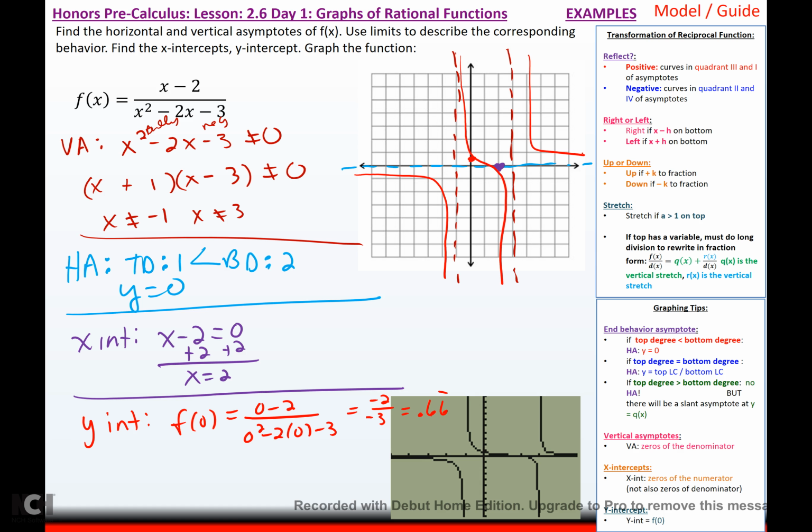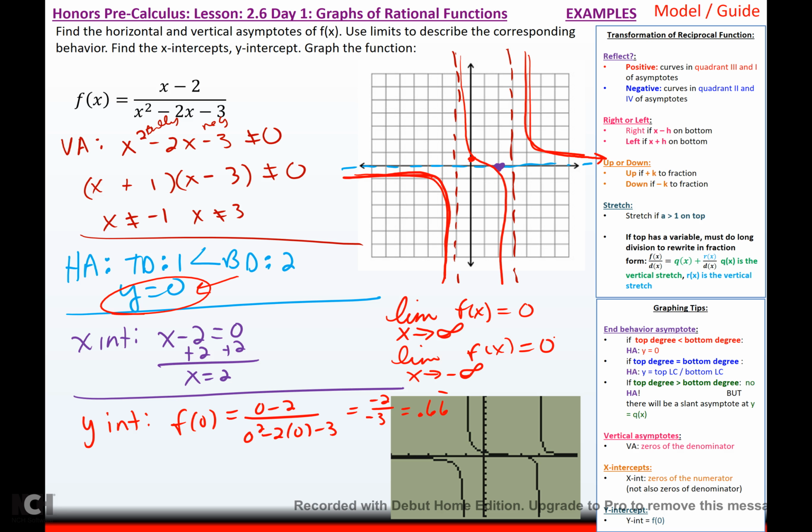Okay, my limit as x approaches infinity, my function, as I trace it to the right, it's getting closer and closer to the blue line, so the function is approaching 0. And the limit as x approaches negative infinity, if I trace it this way, again, the function's getting closer and closer to the blue line, so the function is approaching 0.